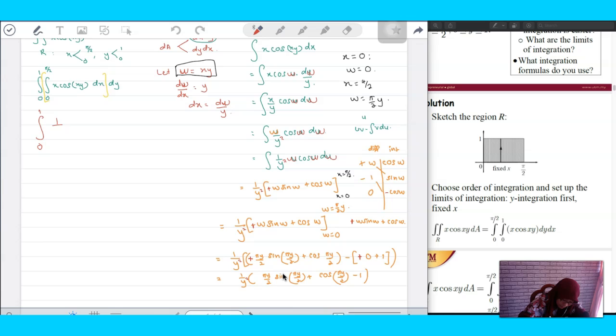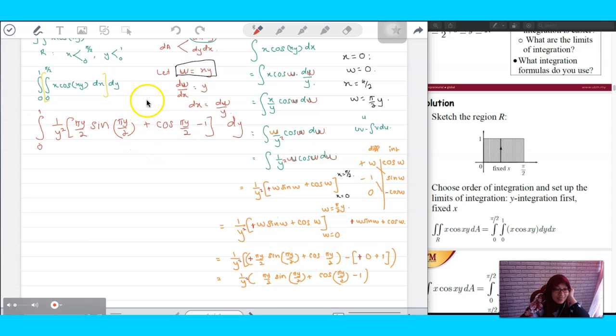You have 1 over y squared, and then pi y over 2 multiplied by sine of pi y over 2, and then plus cos of pi y over 2 minus 1 dy.